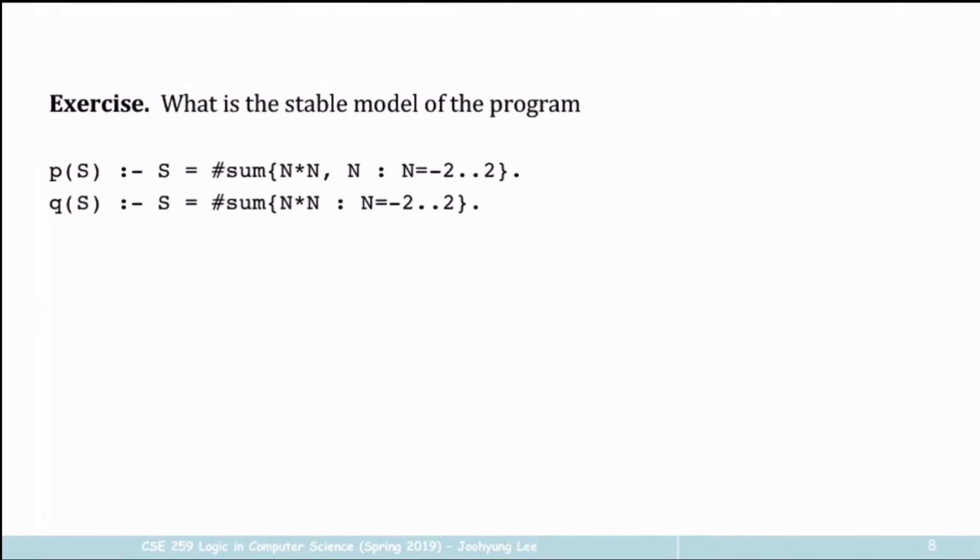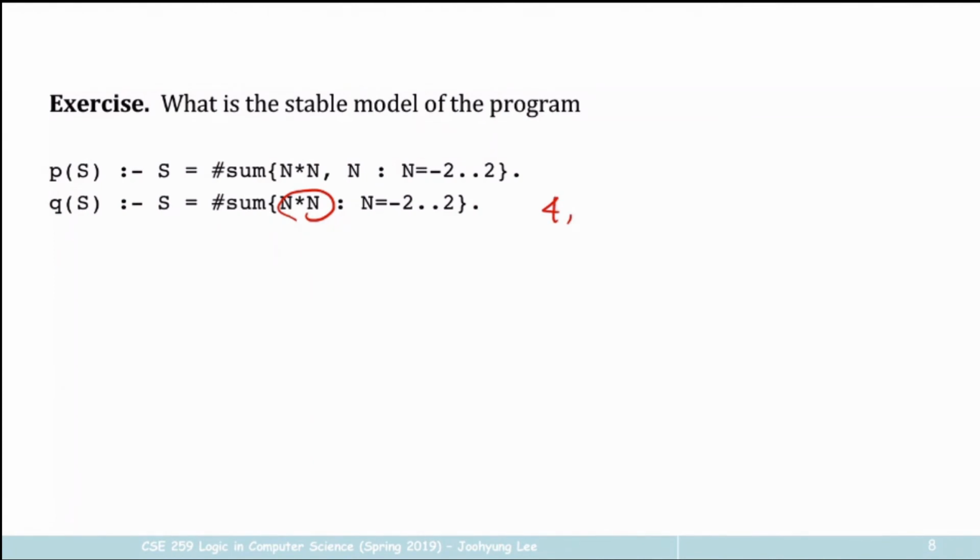In Q of S, we are counting the sum of all n squared when n goes from -2 to 2, right? So what are the values possible? When n equals -2, -2 times -2 is 4.